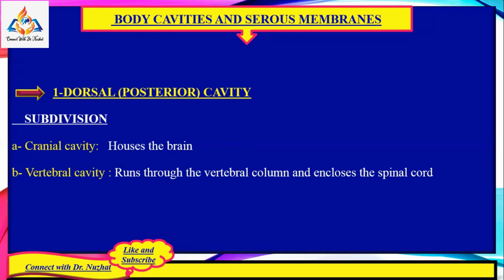Ventral body cavity: including the thoracic cavity, the abdominal cavity, and the pelvic cavity in combination. Thoracic cavity: the space occupied by the ventral internal organs superior to the diaphragm. Abdominopelvic cavity: the abdominal cavity and the pelvic cavity in combination.